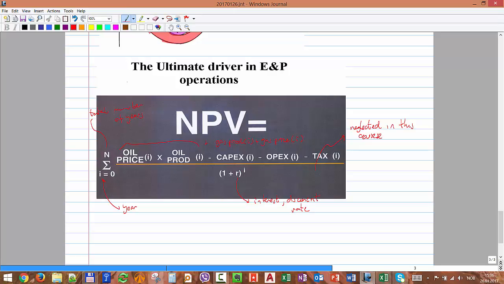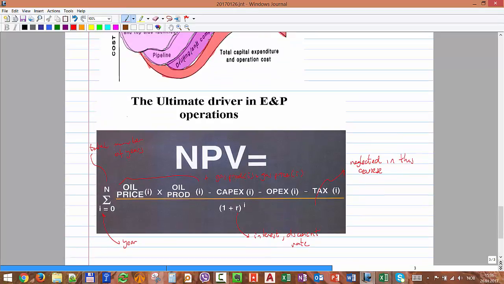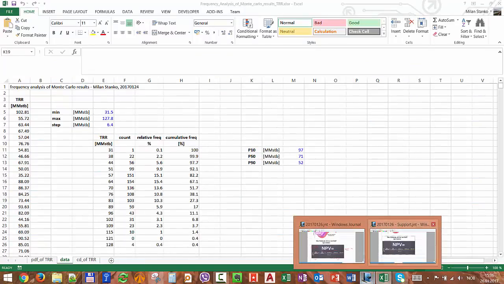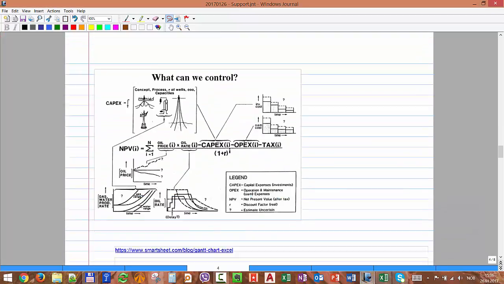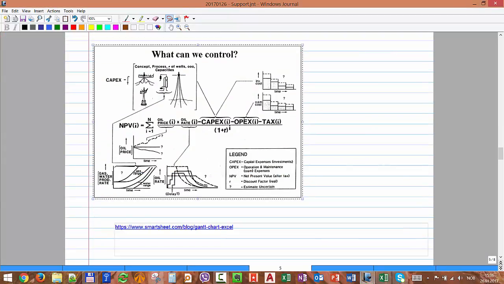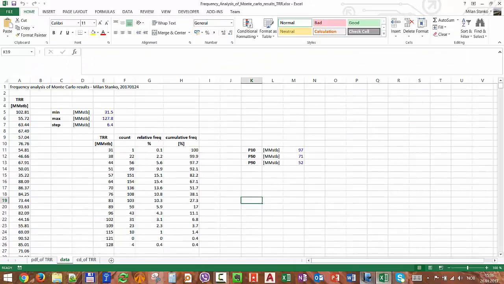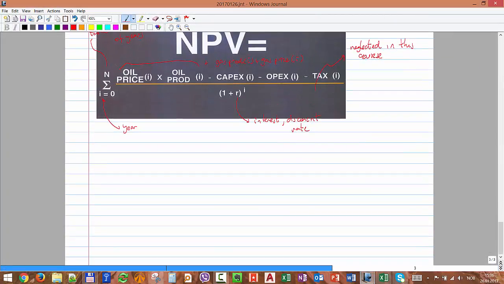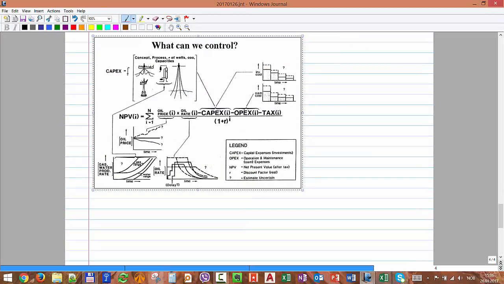We really don't need to use it to calculate NPV. So let's take one other figure. Okay.